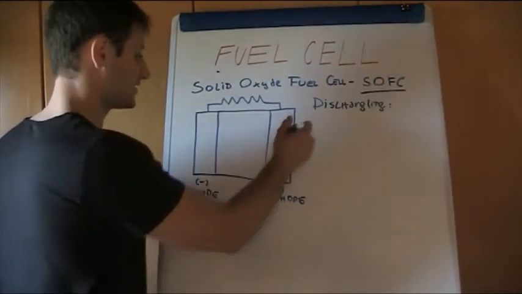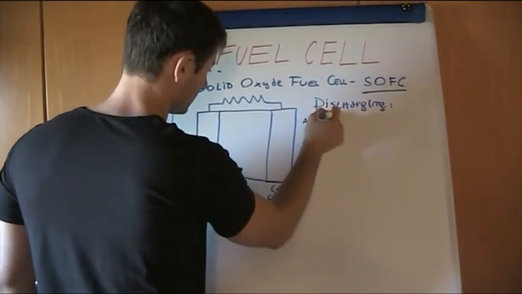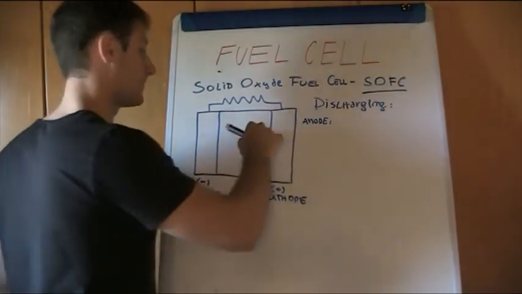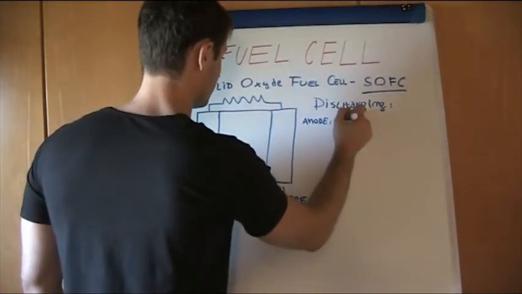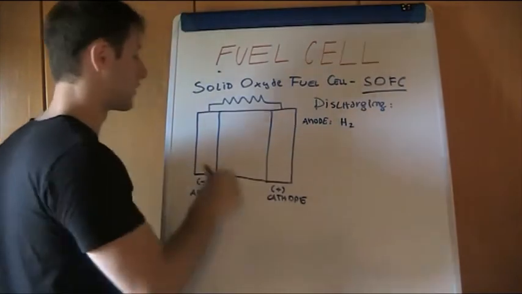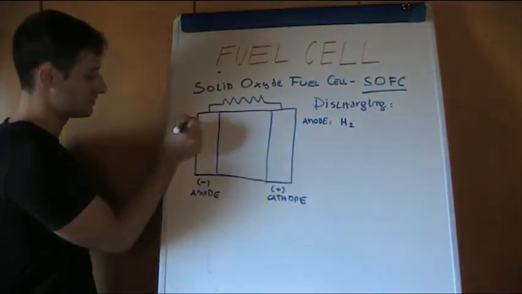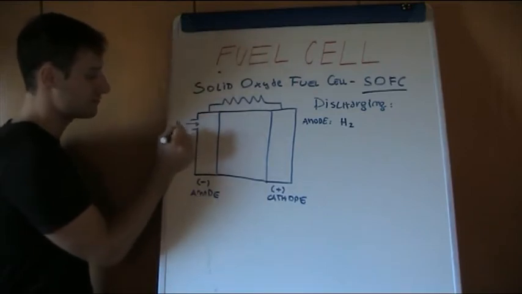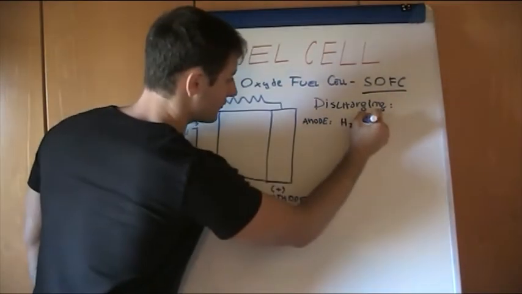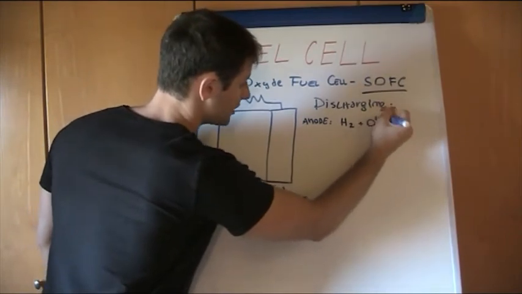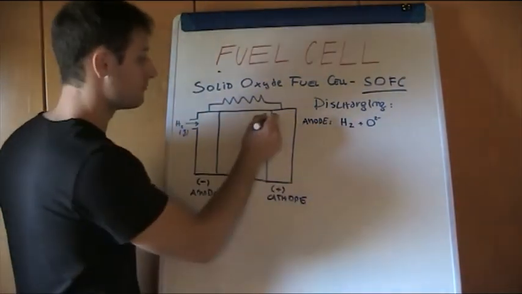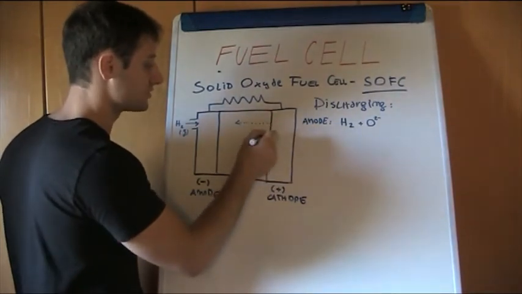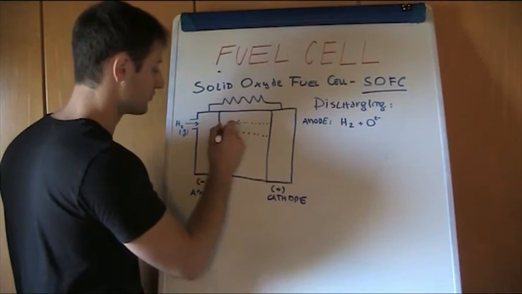So in this case, at the anode we have the reaction between hydrogen, if our fuel is hydrogen in gas form, together with O2-, migrating from this electrode to the surface of this electrode.